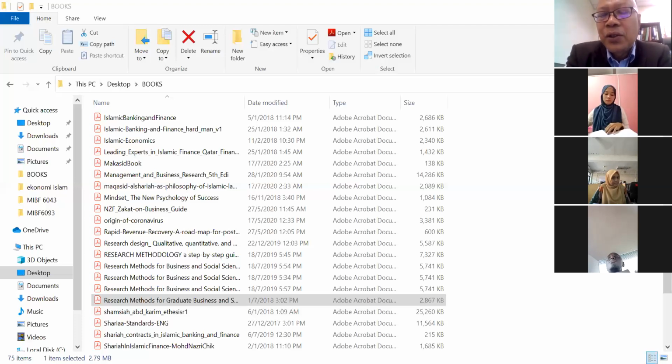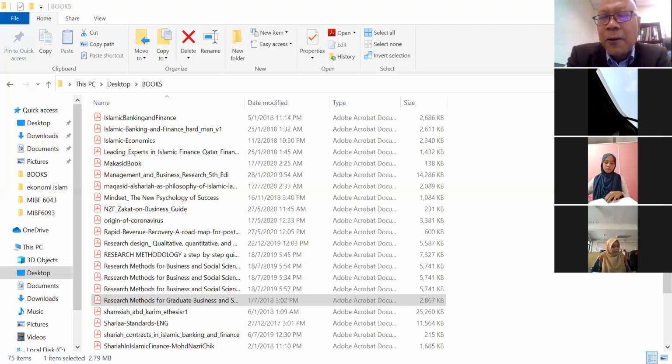So what I want to emphasize today is qualitative research does not need any theoretical framework, does not need any theory. For qualitative research, a researcher has no prior expectation, no prior framework, no prior hypothesis.